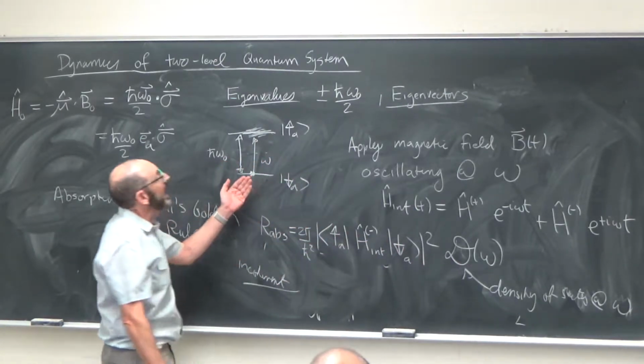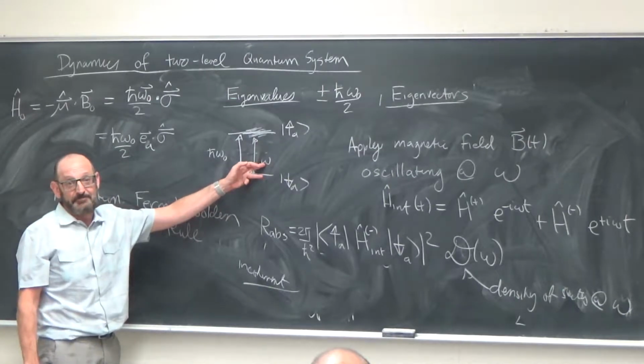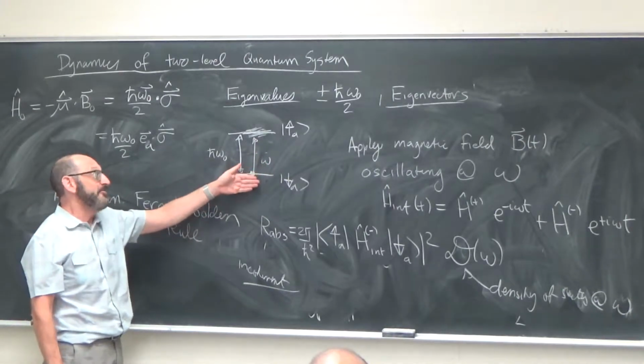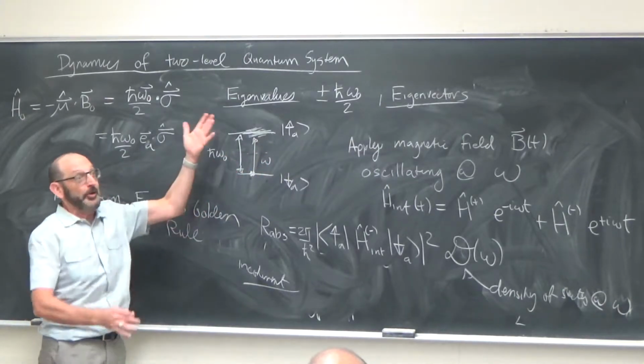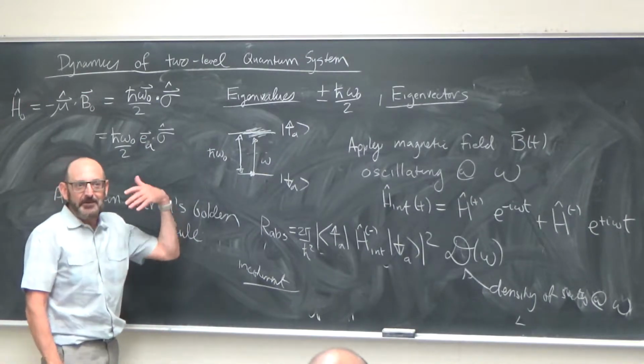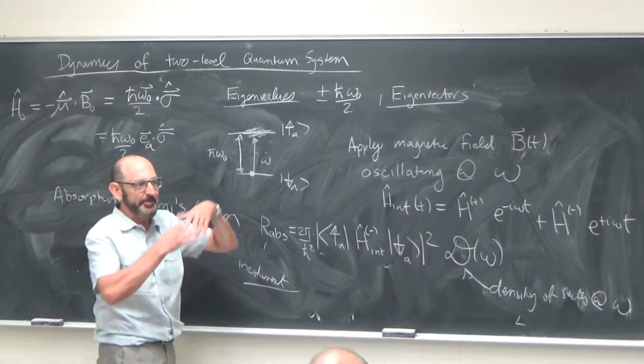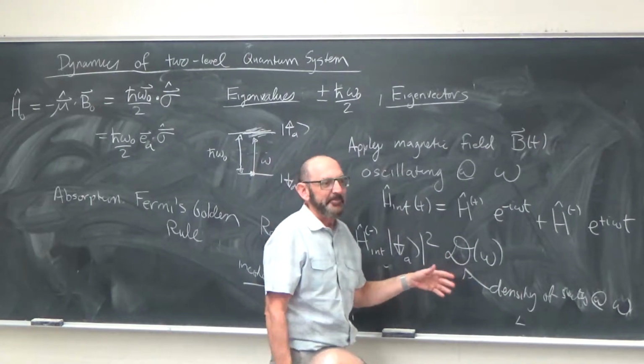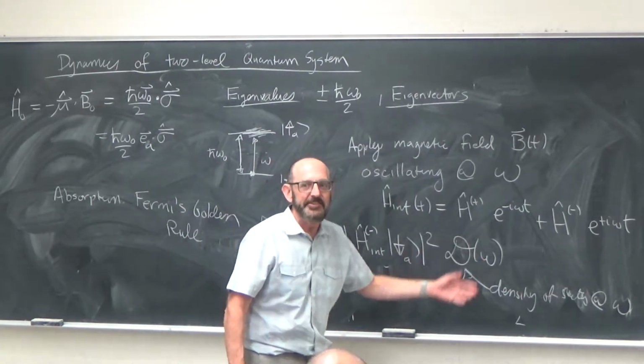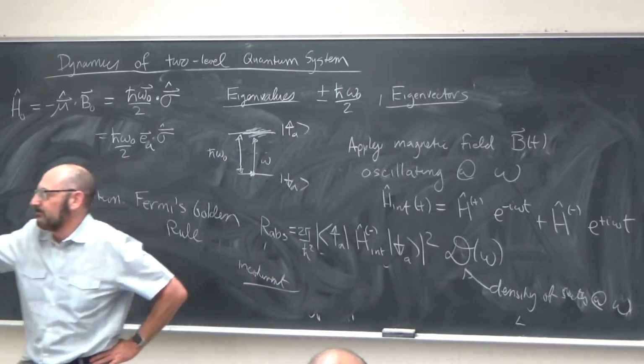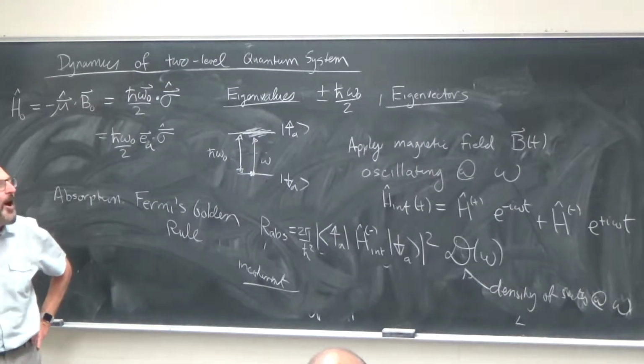Or I might not have a coherent light source. I might have a mercury lamp that I was shining on the system, and it has some spectral density, and then I have some black body distribution, there's some density of states here. But that's not what we're talking about.